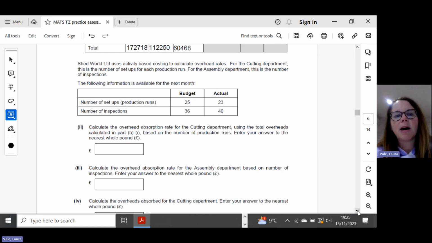For the cutting department, this is the number of setups for each production run. And for the assembly department, it is the number of inspections. So we've got budgeted setups and inspections, and we've got actual setups and inspections. So what do we have to do?